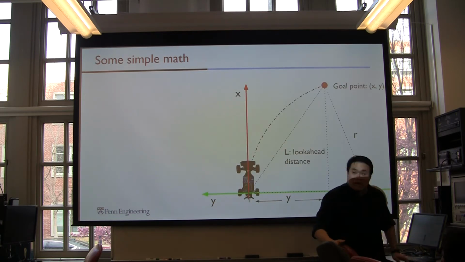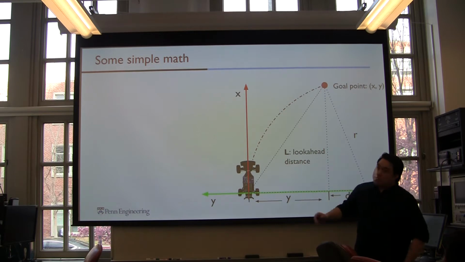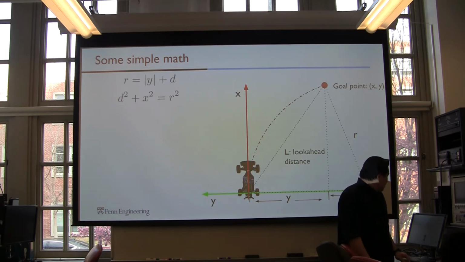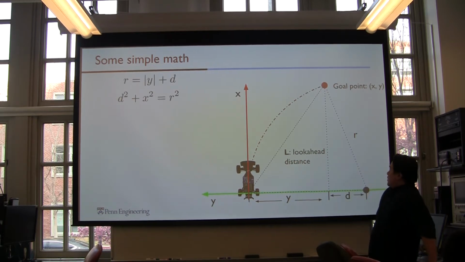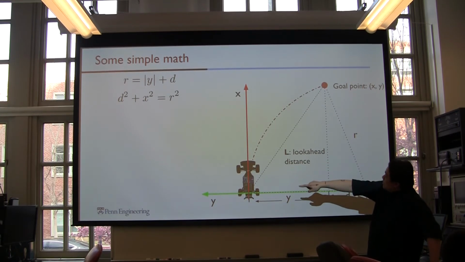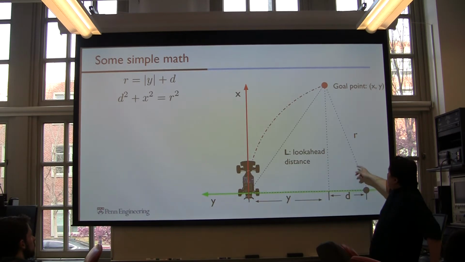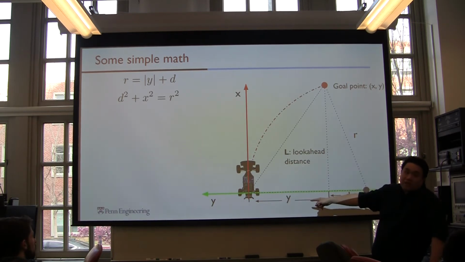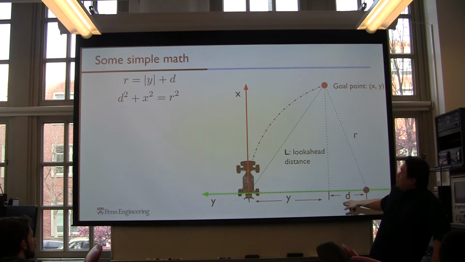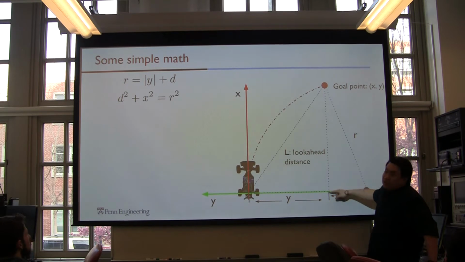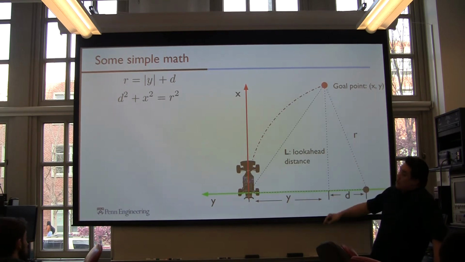All right, since you asked, we're going to start solving for some of these values. Two very obvious things: since this is constrained, this would be a radius of the arc, so r is equal to the absolute value of y plus this d value. We also have d squared plus x squared equal to the radius squared.